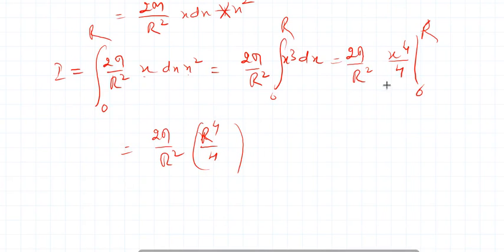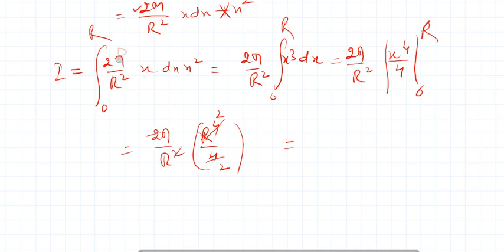If I simplify this integral, this will cancel out with it, and this 2 will cancel out with it. Pi is not there, because pi has cancelled out, right? So let me correct it.